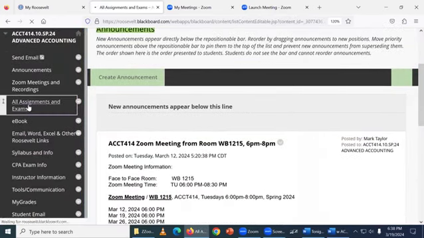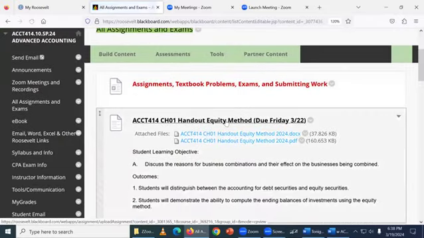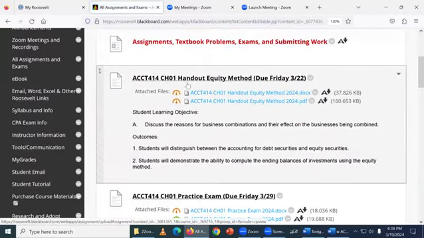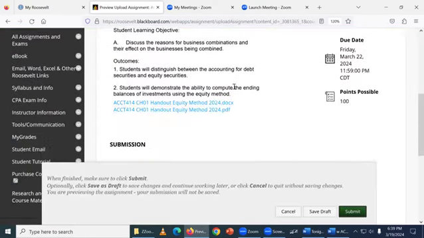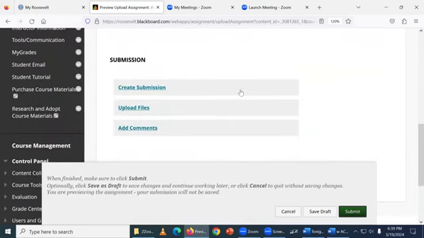So all assignments and exams, here's the chapter 1 handout equity. If you're playing along at home, you're going to click right on the 414 chapter 1 handout. And it'll give you the options of create a submission. That's if you want to do it in Blackboard.